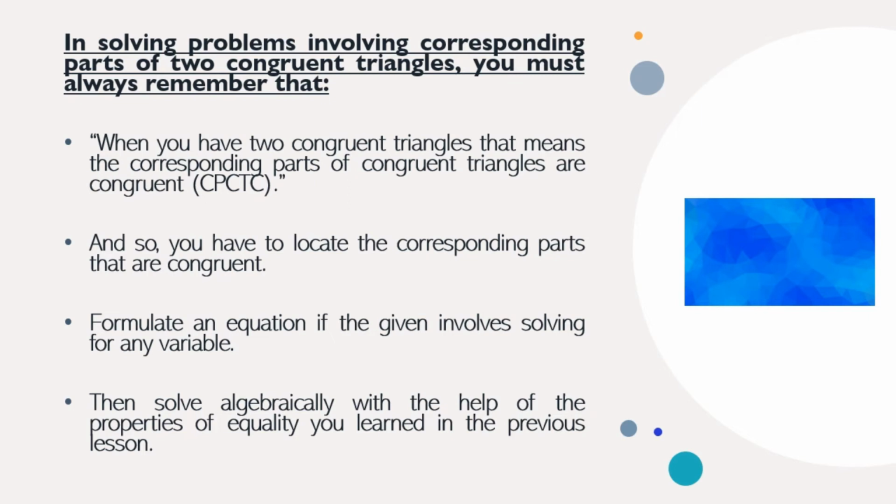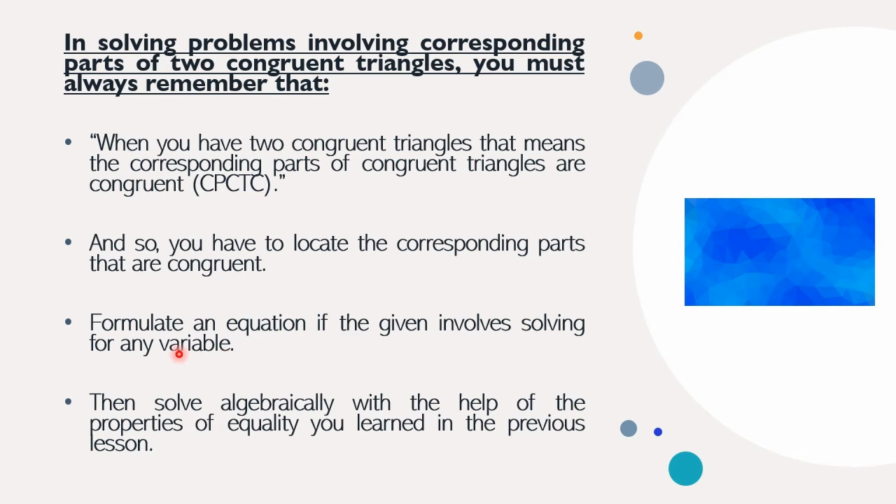Okay, in solving problems involving corresponding parts of two congruent triangles, you must always remember that when you have two congruent triangles, that means the corresponding parts of congruent triangles are congruent. CPCTC. And so, you have to locate the corresponding parts that are congruent. Next, formulate an equation if the given involves solving for any variable.